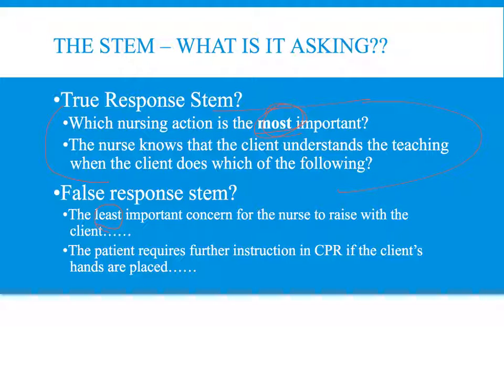The patient requires further instruction in CPR if the client's hands are placed. So in this one, we'd want to pick the one where the hands are in the wrong place. So again, that would be a false response stem. So it's important to be able to identify that you could have a true response stem or a false response stem, and be prepared for that so that you can identify the correct answer.